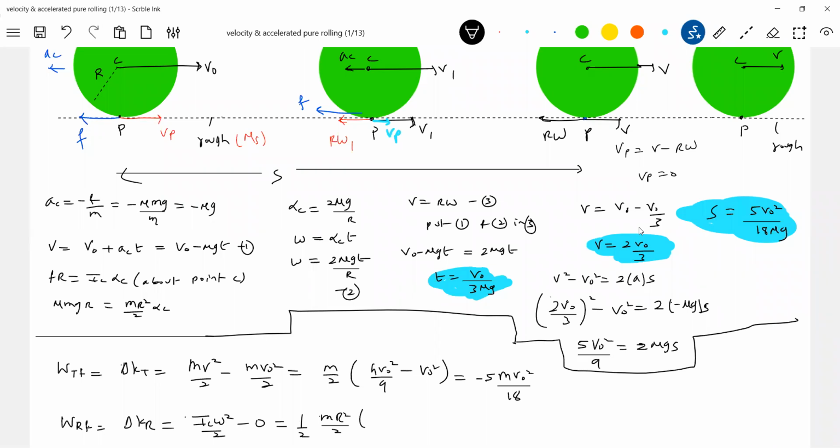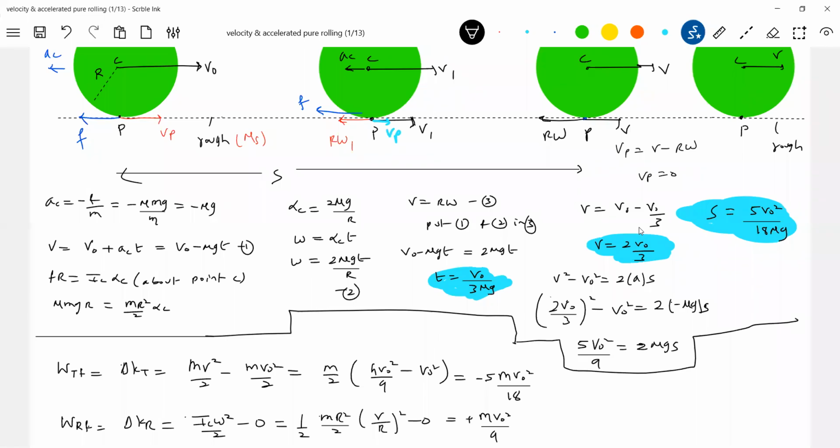We don't know omega, but we can write v by r because it attains pure rolling. Substituting this again, m r square gets cancelled, so this will be m v naught square by 9. Check it once.